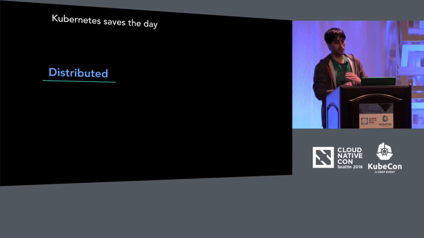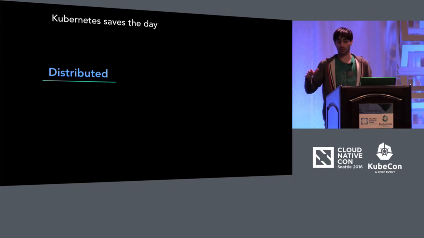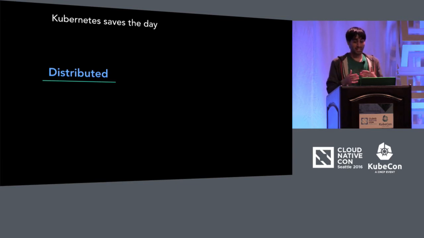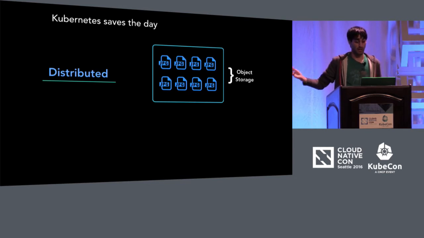So looking at distributed, right? So data science at scale clearly needs to be distributed and then scheduled based on the computational needs and cluster resources available. Once again, Kubernetes had a great answer to this, and it was actually their jobs API, which serves as a perfect primitive. So I'm going to kind of demonstrate this through an example. So let's say we have a bunch of images sitting in object storage, maybe something like S3, right?